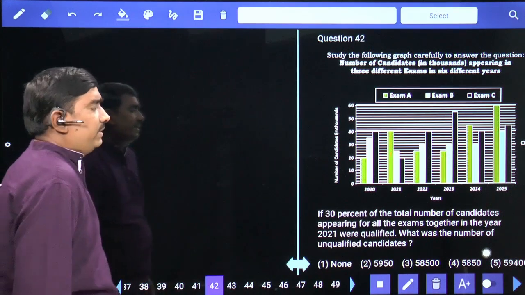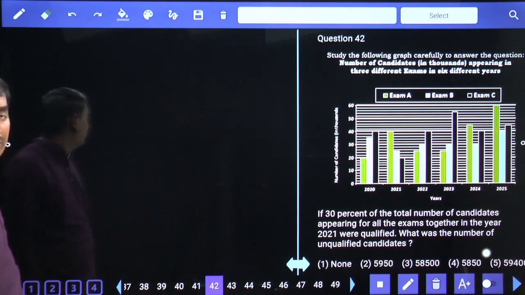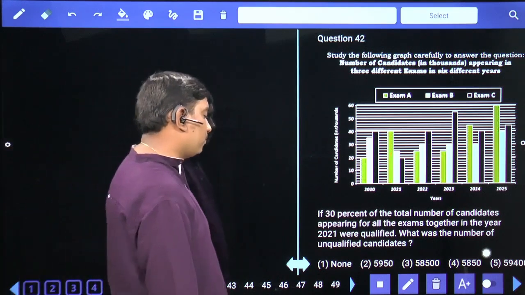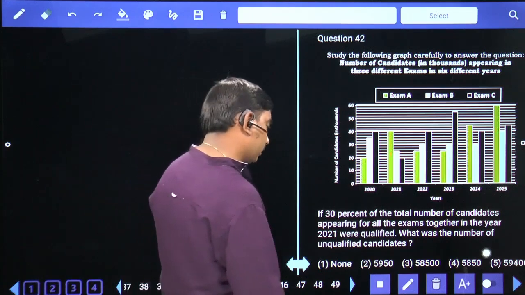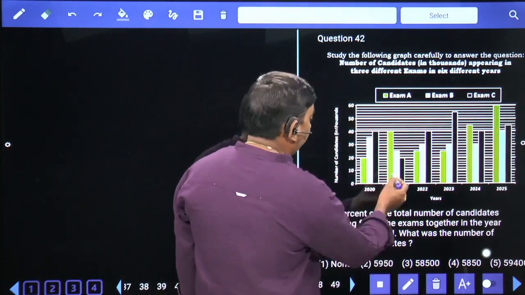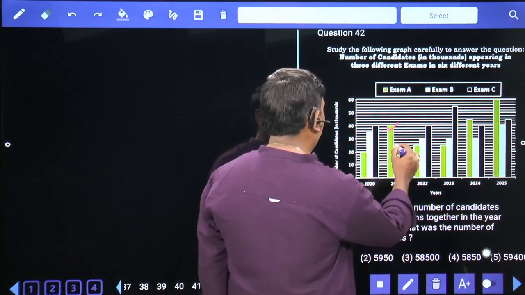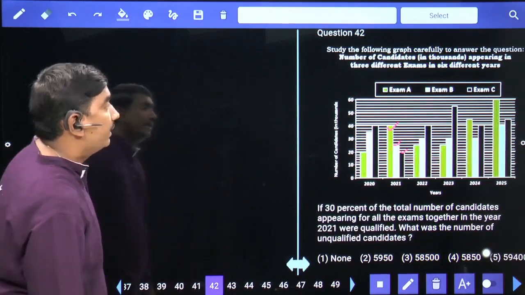If 30% of the total number of candidates appearing for all the exams together in 2021 were qualified, what was the number of unqualified candidates? So 2021, all exams: 40 plus 25 is 65, plus 20 is 85, so 85,000.